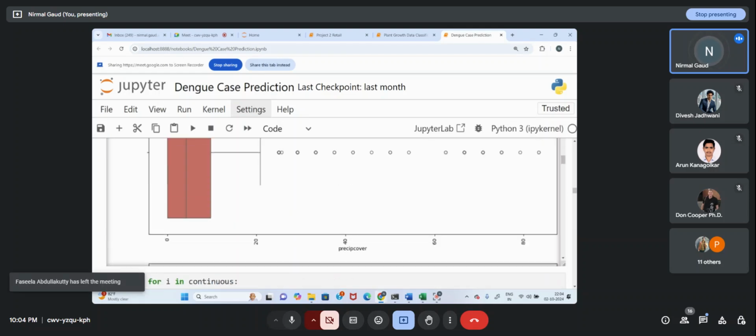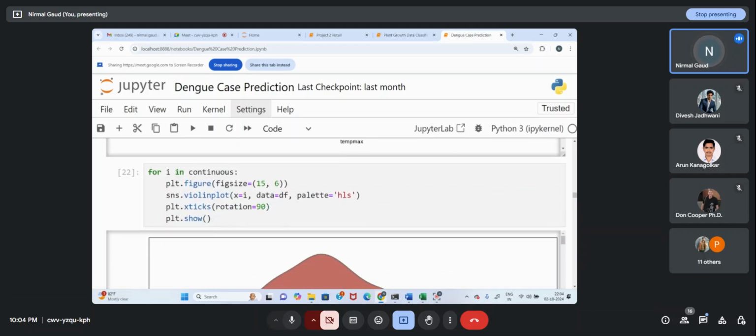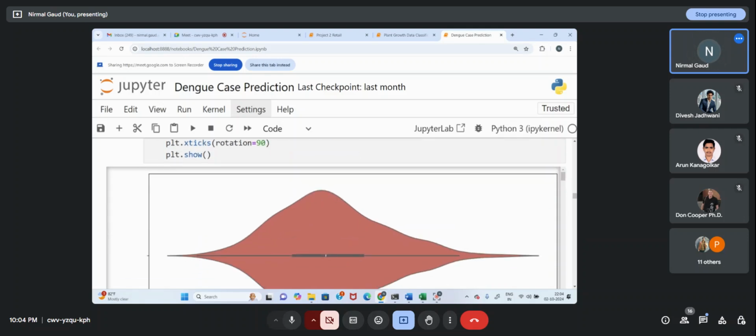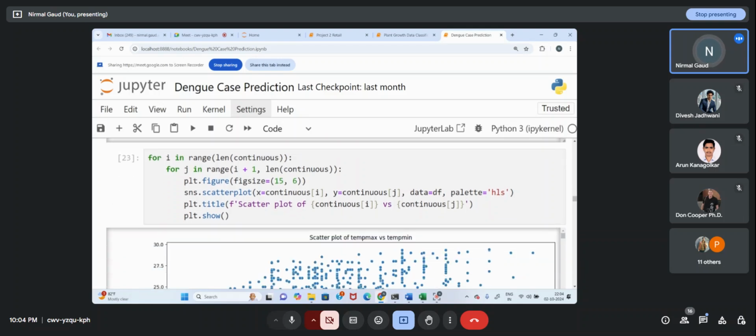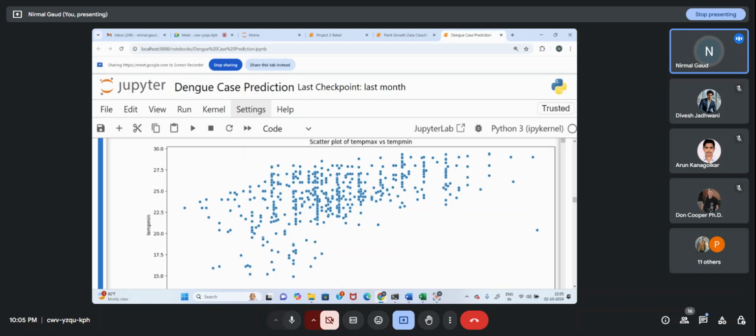I made a box plot, and the box plot is fine. Boxen plot and violin plot are optional. If you want to keep them, you can; if you don't, remove them. So whatever information I required, I got it. In univariate analysis for continuous features, I used the histogram, distplot, and box plot. Then for bivariate, I applied continuous versus continuous scatter plots to see how two features behave. Are they related? Are they not related?